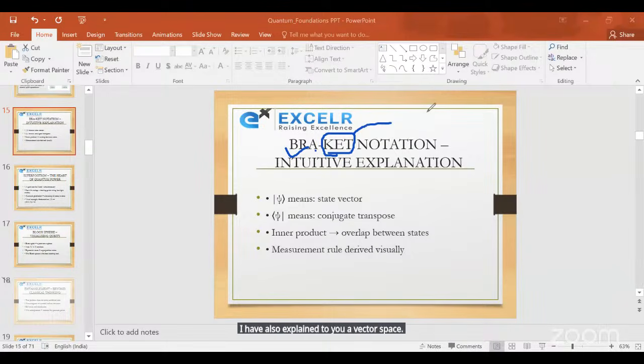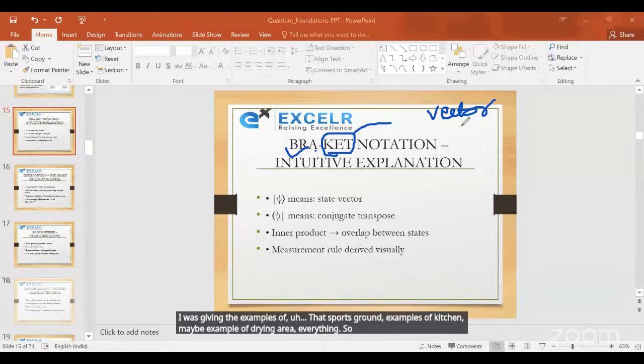So in a vector space, let me recall something. I was giving examples of a sports ground, a kitchen, maybe a drying area, everything.